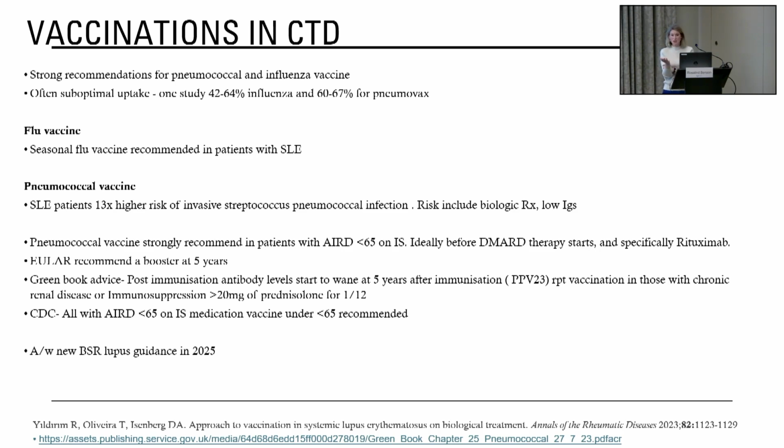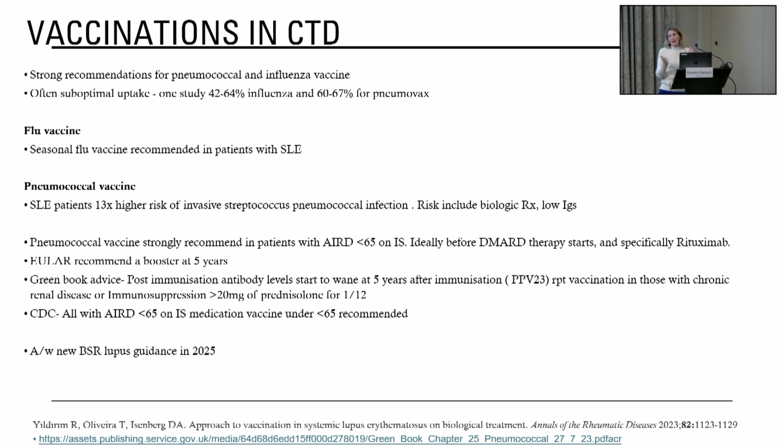And so if my patient had had that and a booster at 5 years, she may well not have got this significant pneumococcal bacteremia which she had. In the UK, our guidance, the Green Book advice, is that antibodies start to wane after 5 years, and if they've got chronic renal disease or under a significant amount of immunosuppression, then we might think about giving them a booster. But actually, some of our patients don't have that, so don't fall into that category.